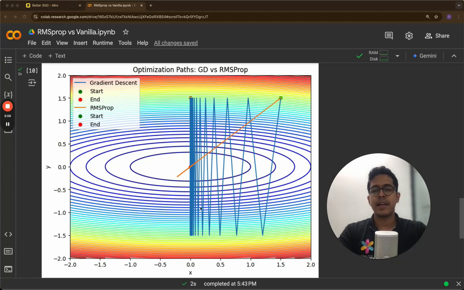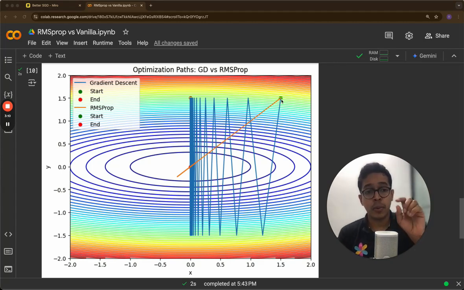So the value of y is oscillating, whereas in RMSprop the value of x comma y slowly moves. It starts from 1.5 comma 1.5. So the starting point for both vanilla gradient descent and RMSprop was 1.5 comma 1.5.